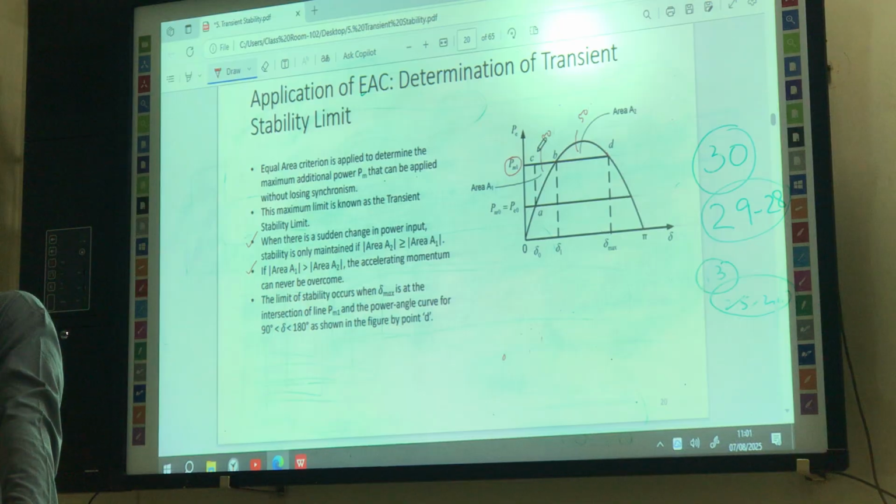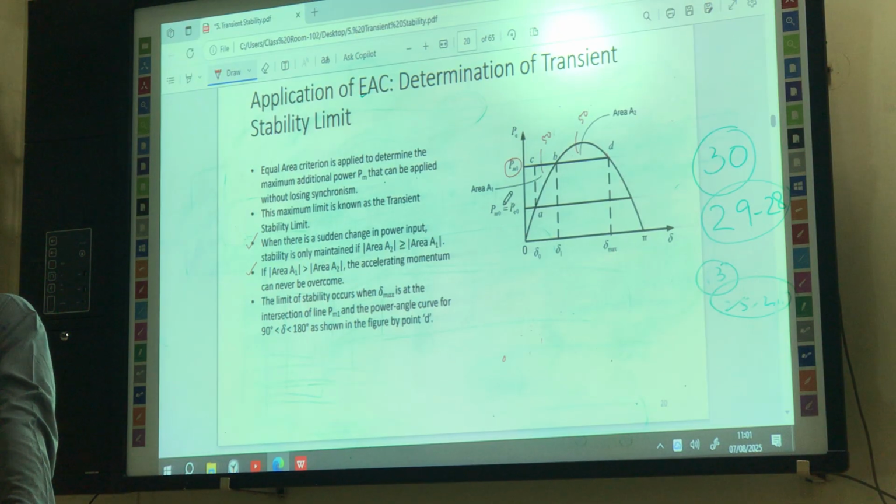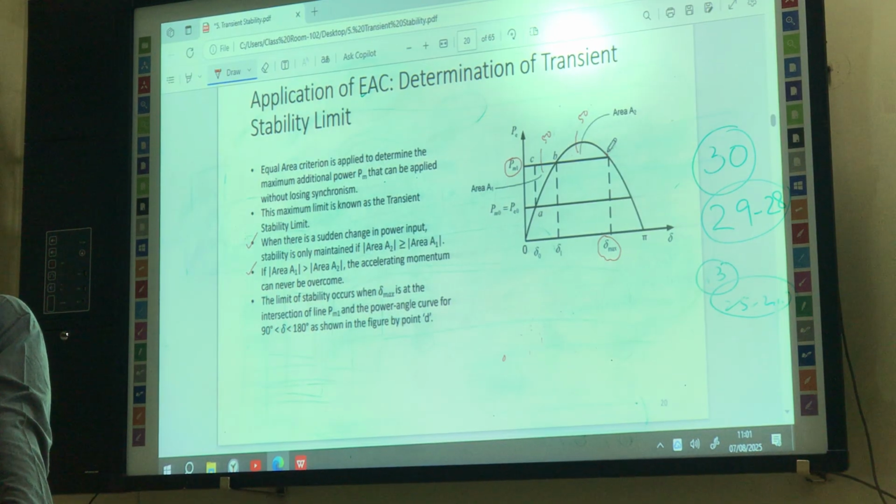Okay. So now, how can we determine the delta max? Because delta max is the maximum delta that we can take, right? In this case, it will go up to D. So this D point is actually the delta max. Obviously, this delta max should be higher than pi by 2, and it will lie in between pi by 2 to pi.